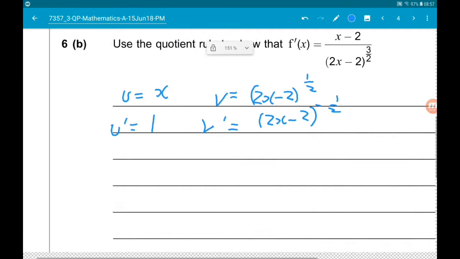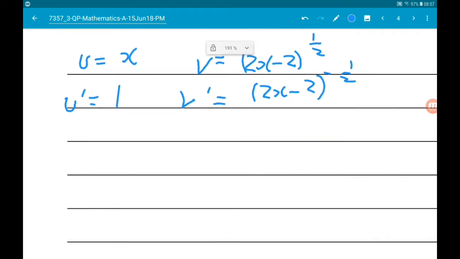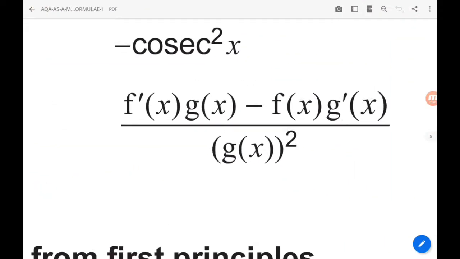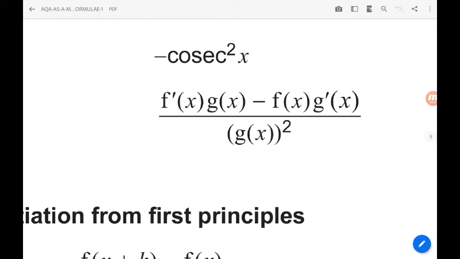Okay, so f dash of x then is going to be u dashed times v.